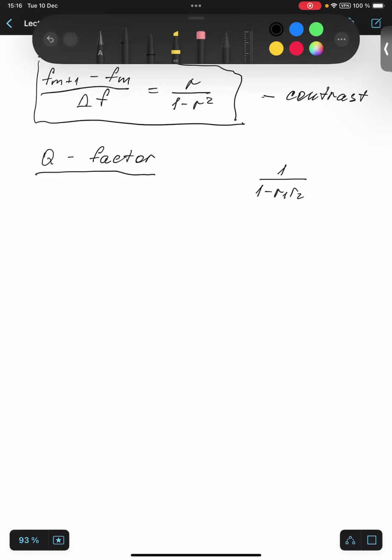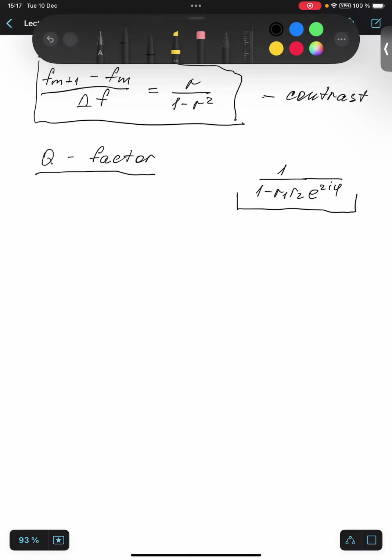You remember that we have some denominator in front of the matrix. This is our denominator. Obviously, it has some poles in it. Let's find them.